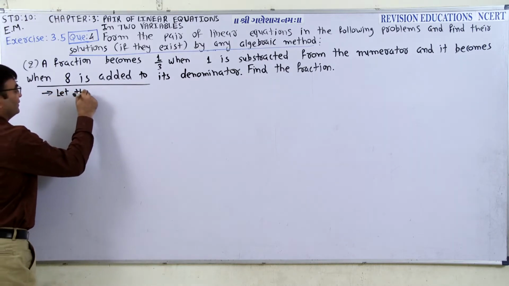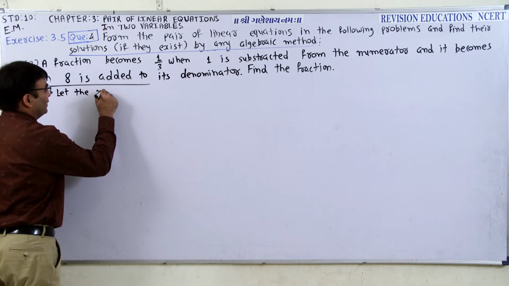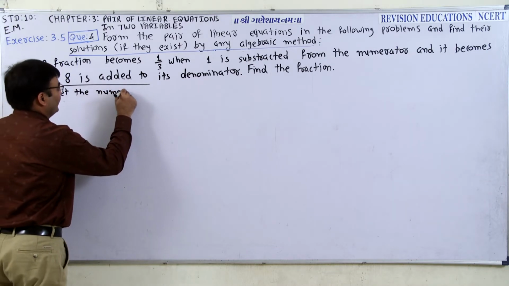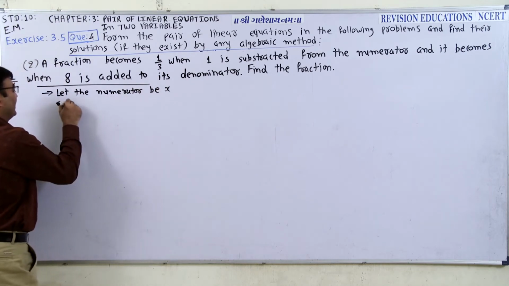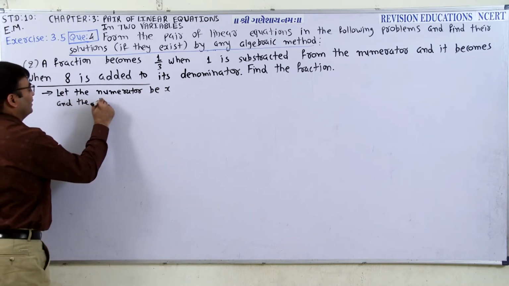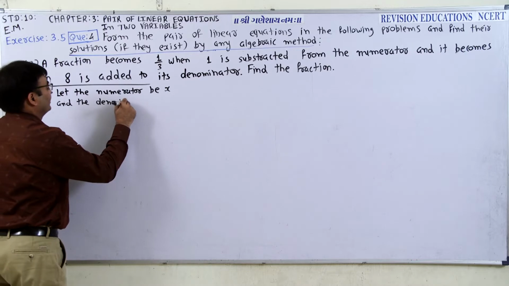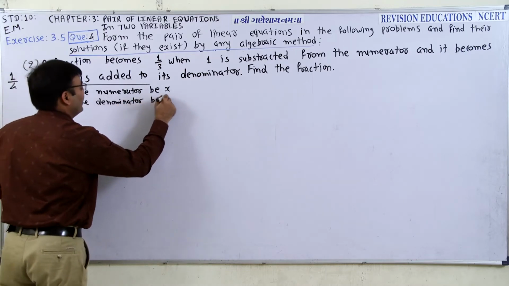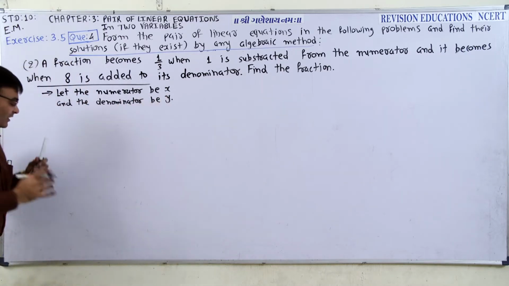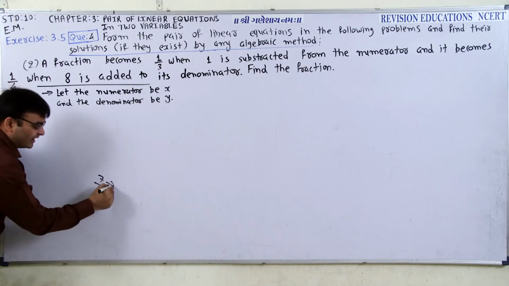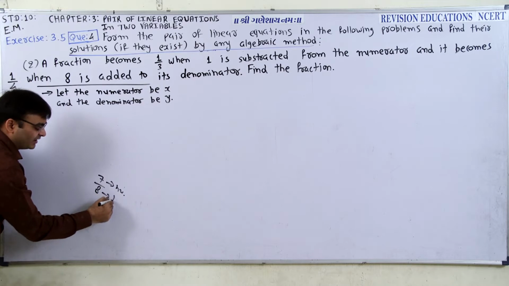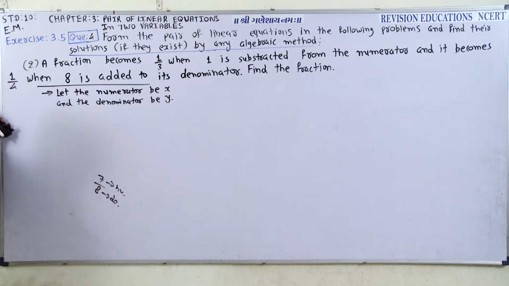Let the numerator be x and the denominator be y. Our fraction, suppose 7 by 8, here 7 is the numerator and 8 is the denominator.